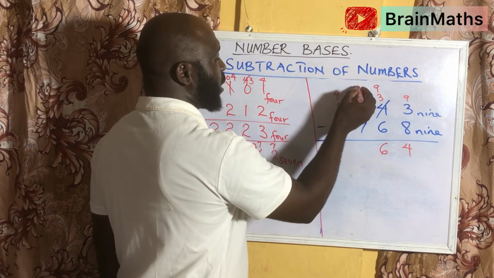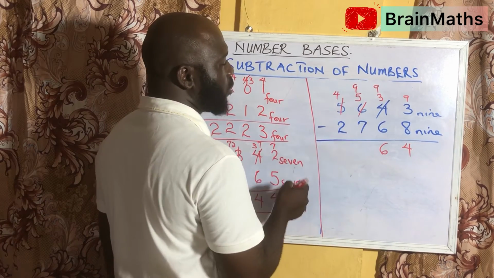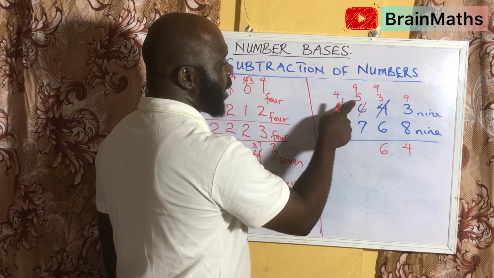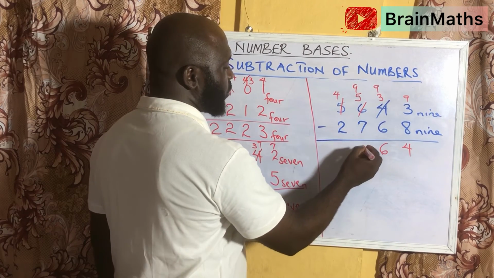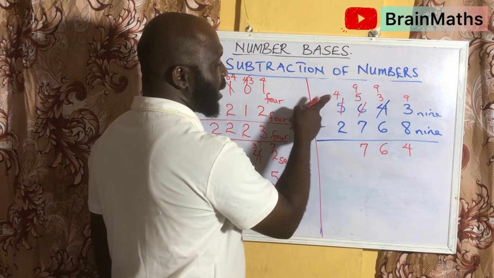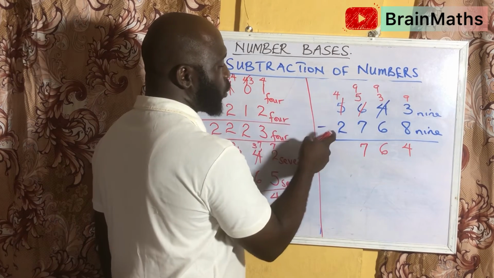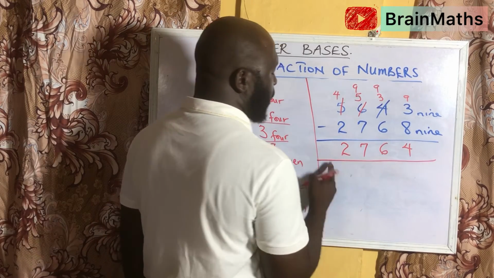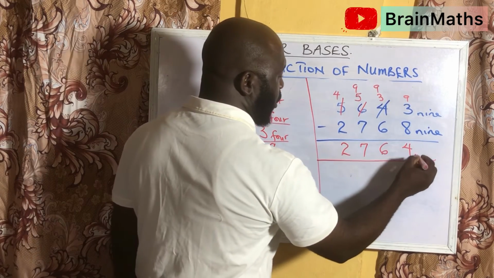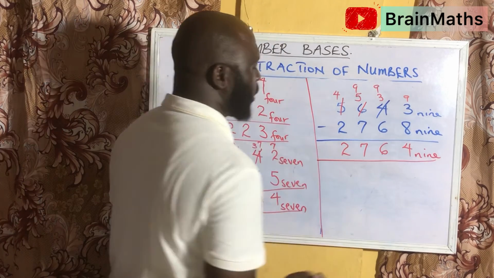So the 1 we have taken here is another 9. Don't forget, 9 plus 5 will give us 14. 14 minus 7, that is 7. Then we are left with 4 here. 4 minus 2 is 2. So our answer in this case is 2, 7, 6, 4, all in base 9.